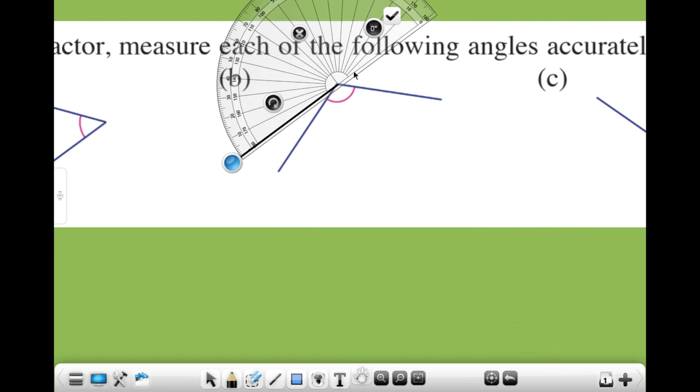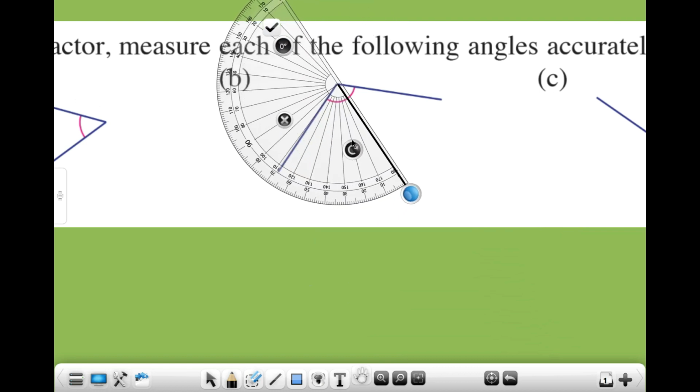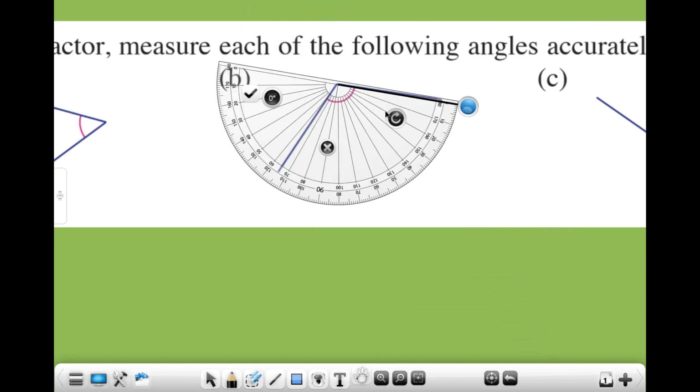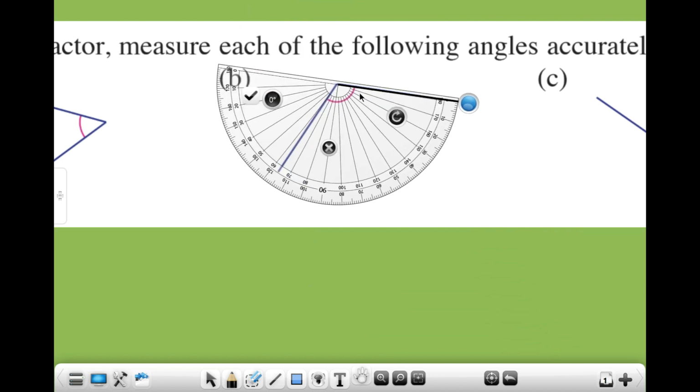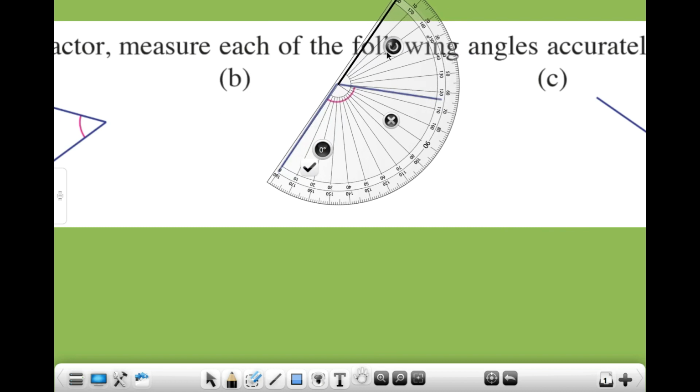So it's up to you. You can start reading from here, or you can use this line. If you use this line, you keep rotating until you meet the other base here. Can you see that? Yes. You also can use this part here. So if I use this line and start the reading, the 0 starts from the right.